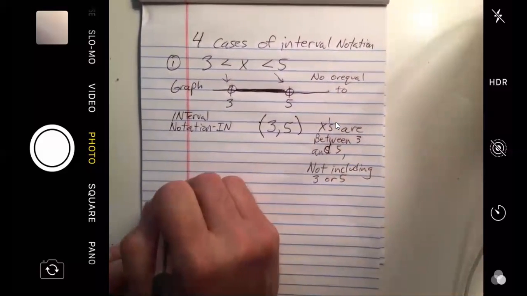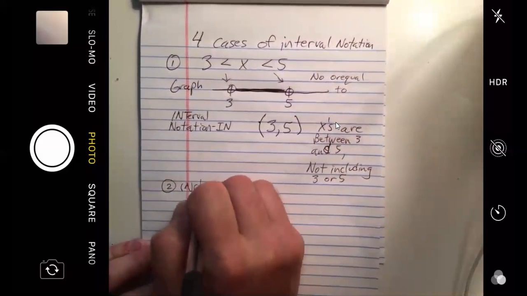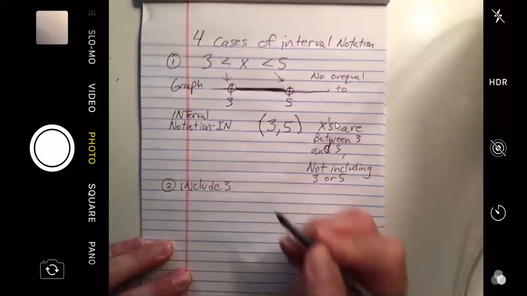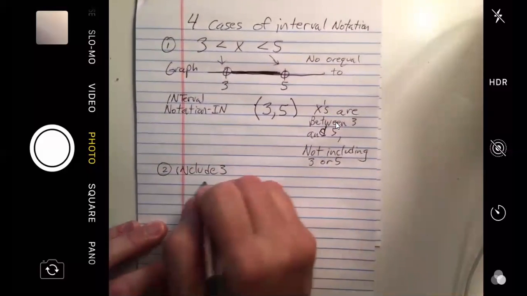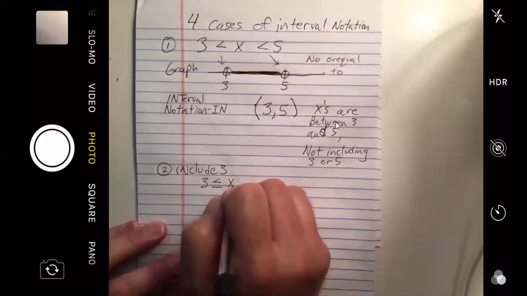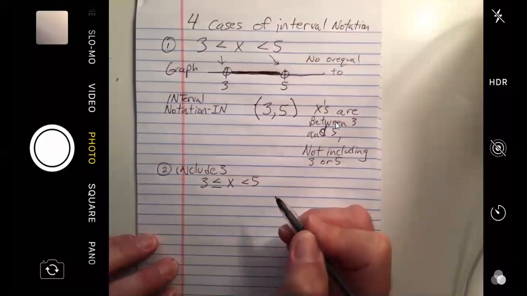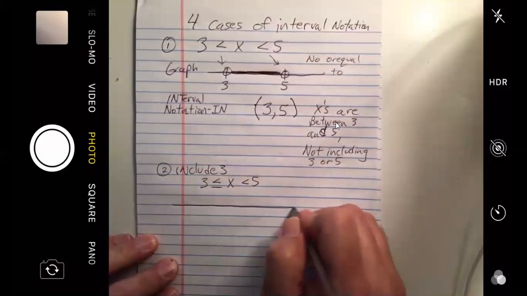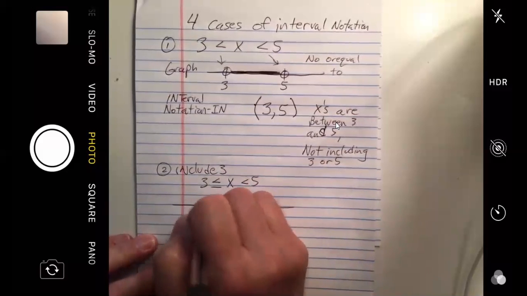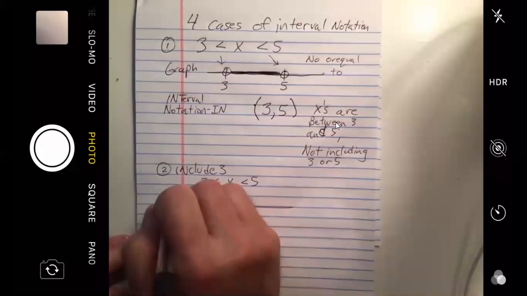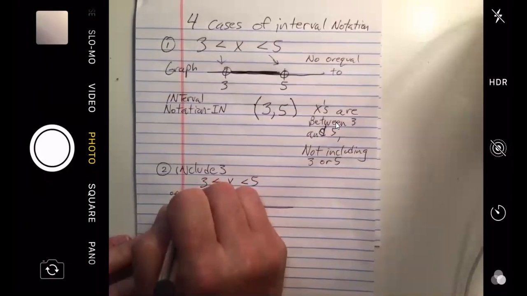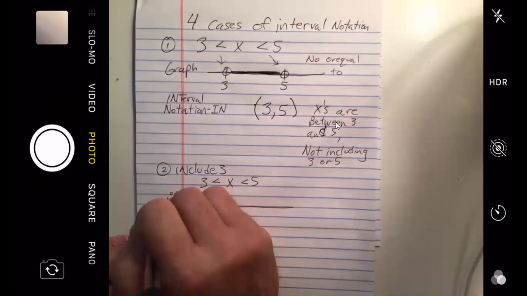Well, case 2, let's include the 3. That would be 3 less than or equal to x less than 5. On the graph, you'd use a closed circle because it's got an or equal to. Closed circle.